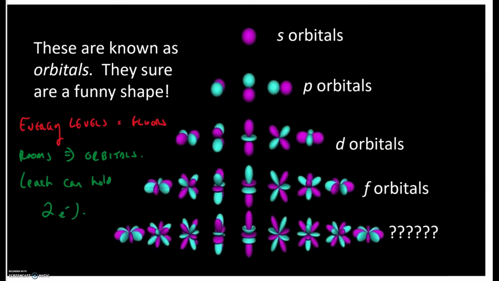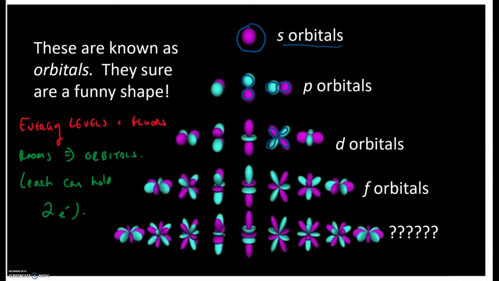Well, this is what orbitals look like. And they're a weird shape. I mean, we've got some s orbitals that are kind of shaped like a ball, and then we've got some p orbitals that are kind of shaped like a peanut, and then we've got d orbitals that are kind of shaped like this X shape, and so on and so forth.